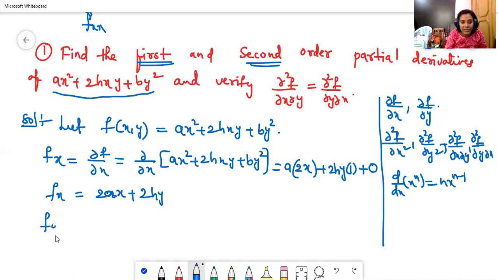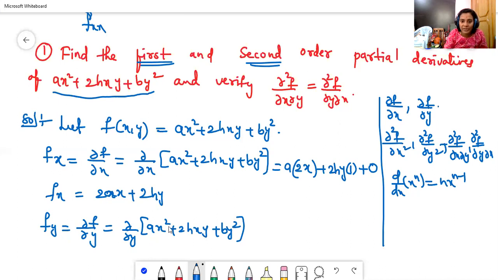Similarly, we differentiate the function f with respect to y. That means ∂f/∂y is equal to ∂/∂y of the function ax² + 2hxy + by².